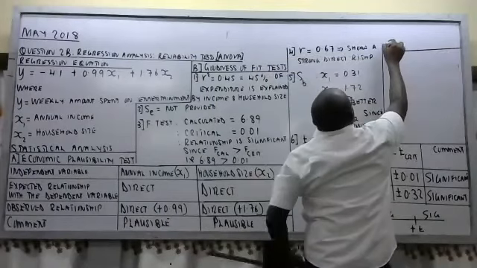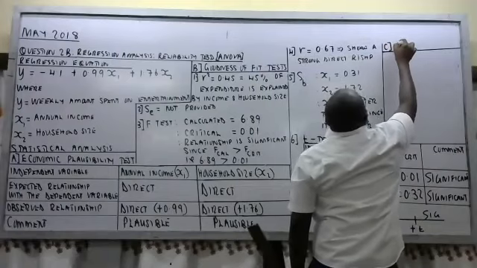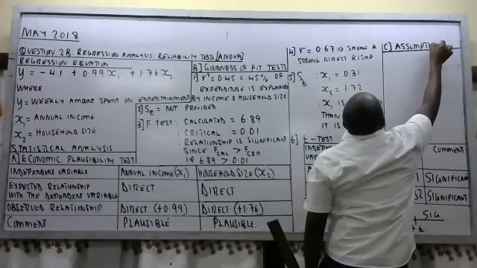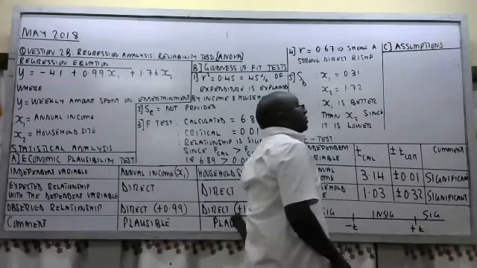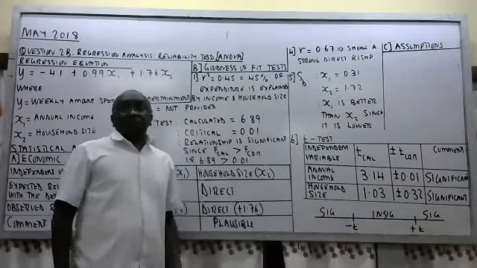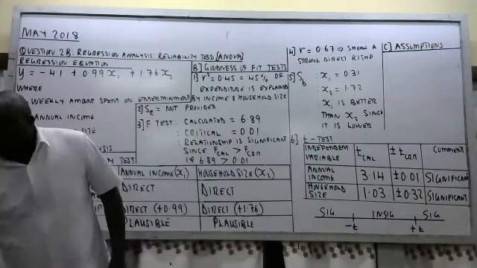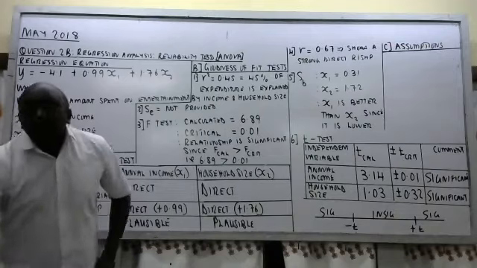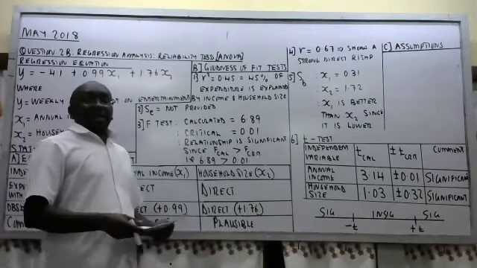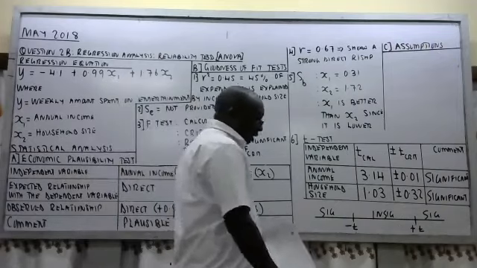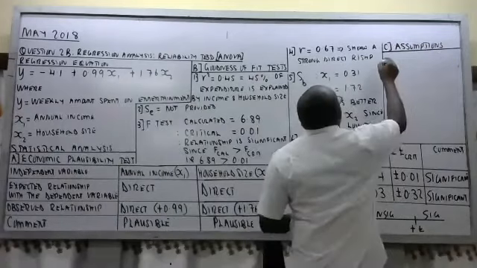The next category, C, is about the assumptions. It's about the assumptions. So I told you there are 6 assumptions. One is called linearity.